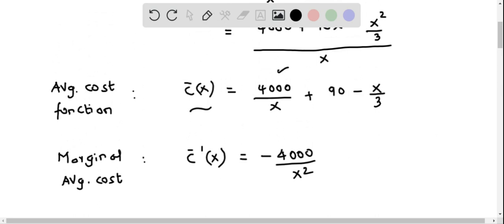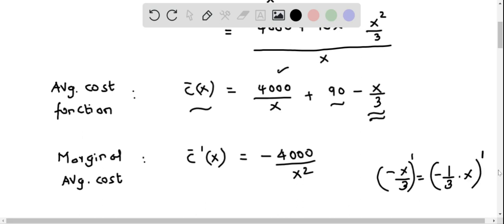Now let's find the derivative of the second term. This is 90. Its derivative is 0 because it is a constant. The derivative of any constant is 0, so you can just ignore that. The last term we have is negative x over 3. We can write this as negative 1/3 times x.